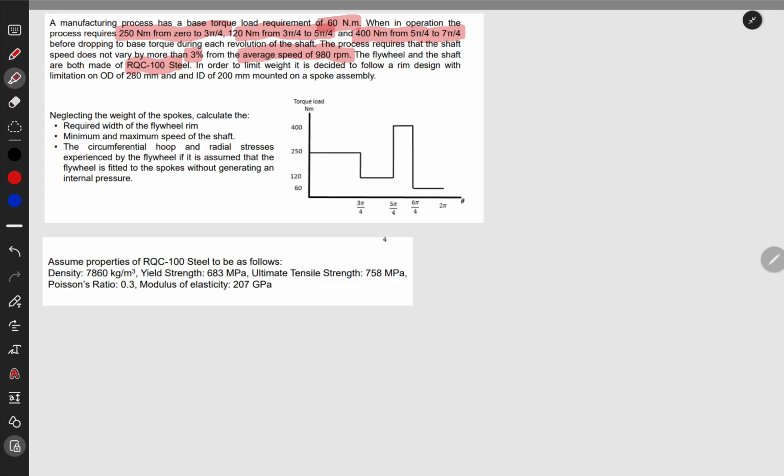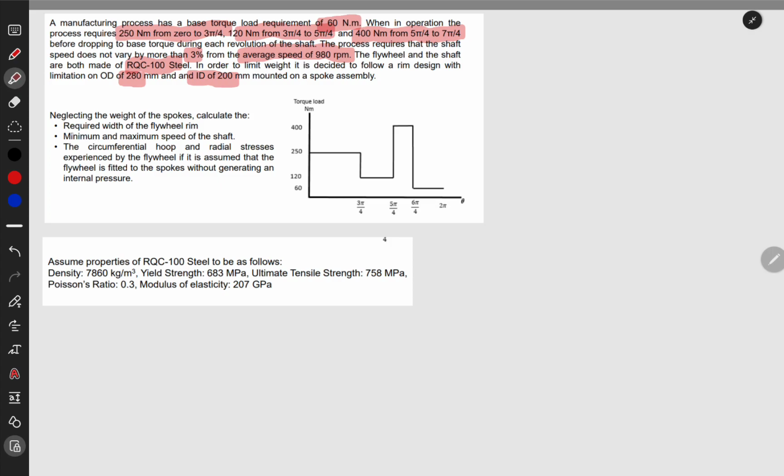Okay, it's a rim, so it has a loop type of thing, and then the outer diameter is given and the inner diameter is given. There's a spoke involved, and they say the inner part has little or nothing to contribute. If you know spokes from your bicycle wheels, those small things, you don't really have to calculate anything related to them.